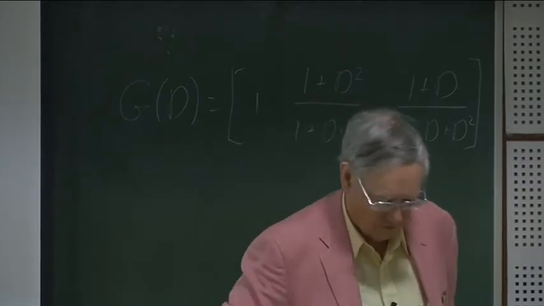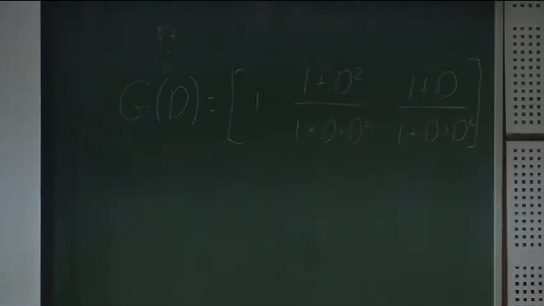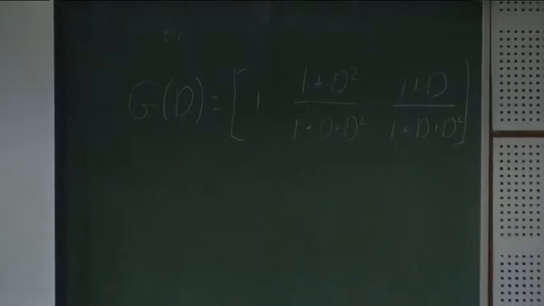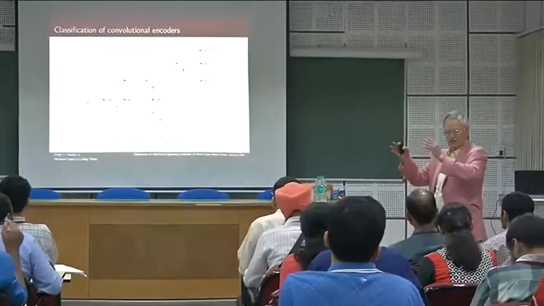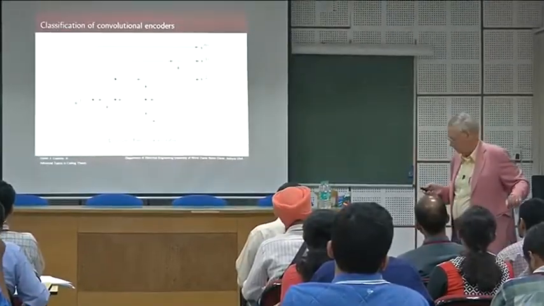So that would be the generator matrix corresponding to this encoder. So you can look at the encoder diagram and the corresponding generator matrix, and go back and forth between the two.